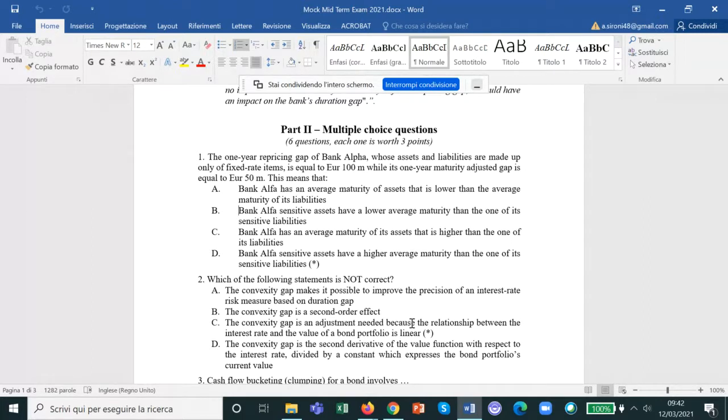So there could even be a negative point for wrong answers, which is a clear incentive not to give random answers if you do not know what the correct answer is.